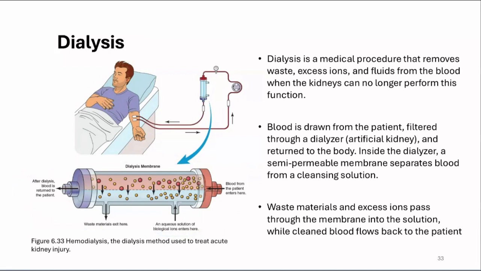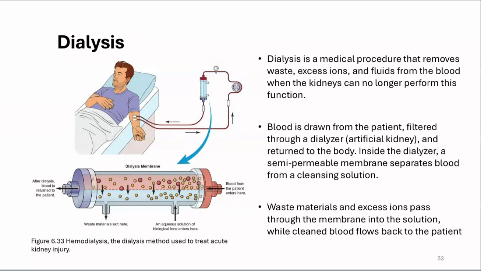What happens is that the blood is removed from the patient and then passed through the dialyzer. Inside of the dialyzer, as we can observe, there is a semi-permeable membrane that separates the blood from the cleansing solution.